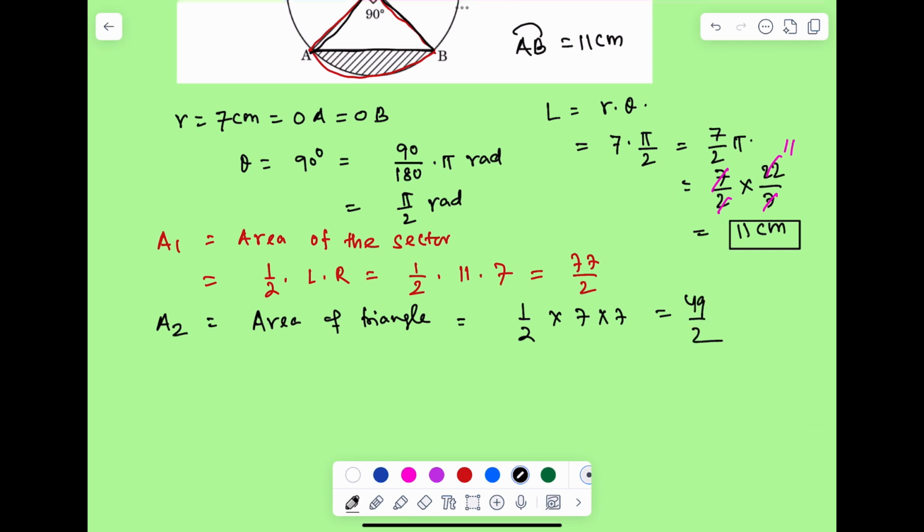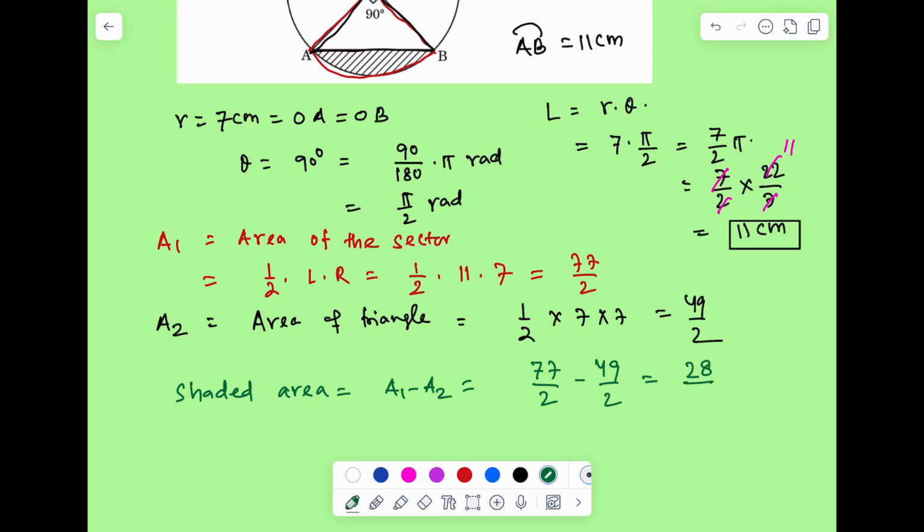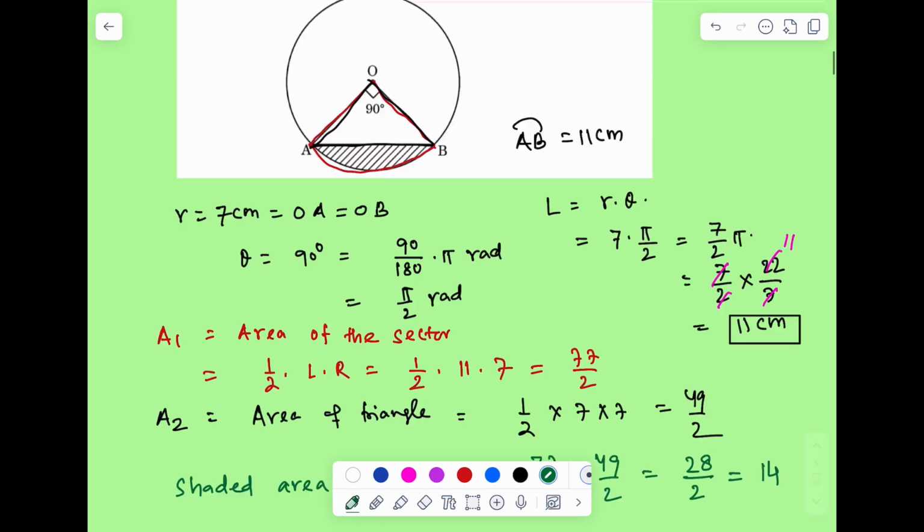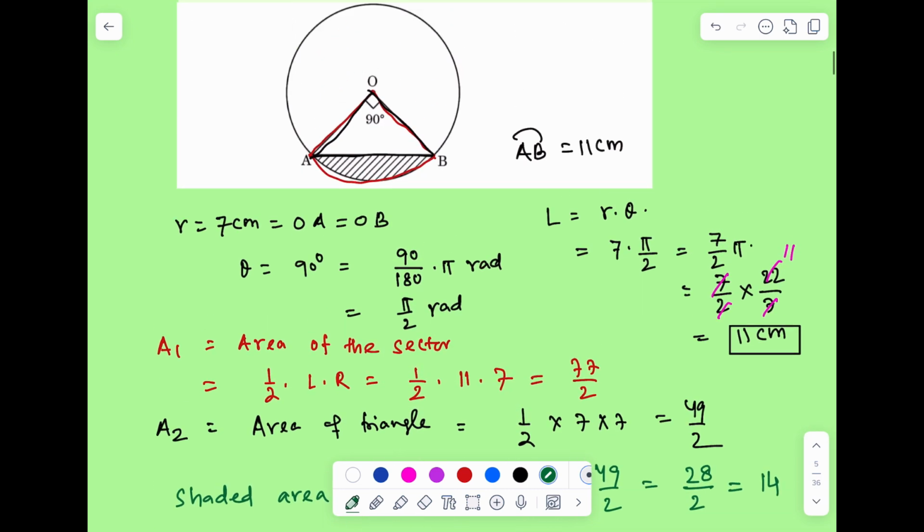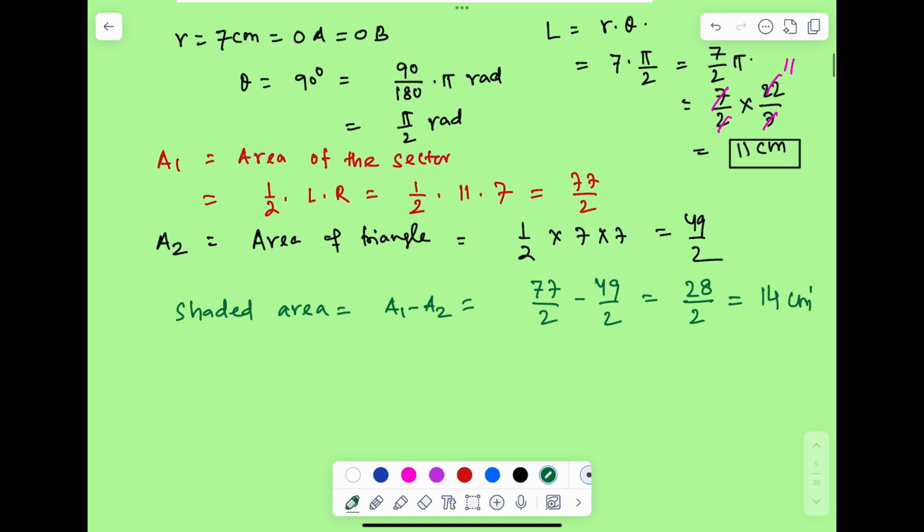Hence the shaded area will be equal to A1 minus A2, which is equal to 77 by 2 minus 49 by 2, which is equal to 28 by 2, that is equal to 14 centimeter square. The shaded area is 14 centimeter square, the area of the shaded region.